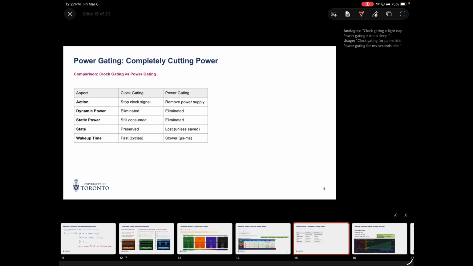So just to review, so far we talked about clock gating and power gating, right? Clock gating is where we stop the clock signal to the parts of the circuit that don't need it. Dynamic power is eliminated, but the static power is still going because the power supply is still connected.